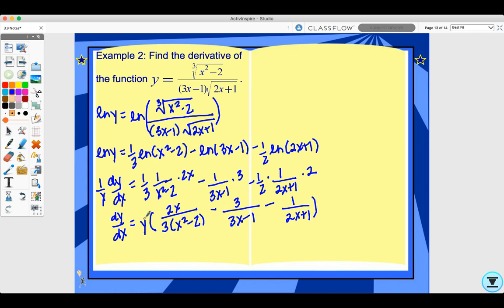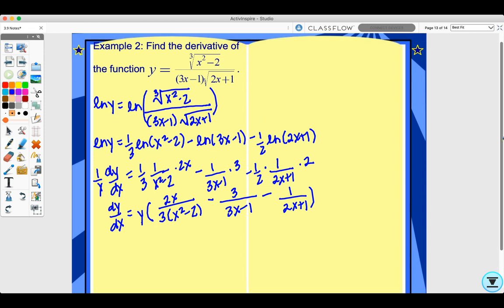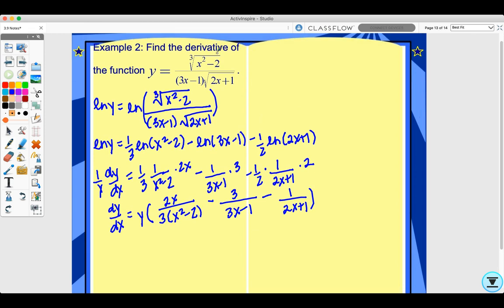The last thing is this all has to be in terms of x. So I would replace y with what it equals. So if you remember at the beginning, y equals this entire thing. So I would replace this y here with that entire fraction.